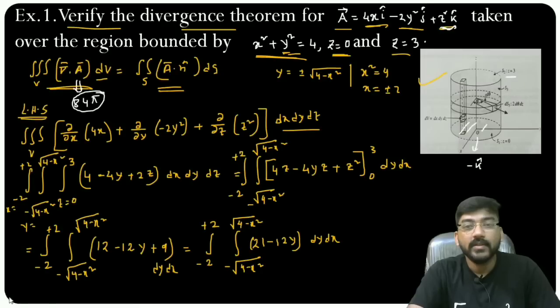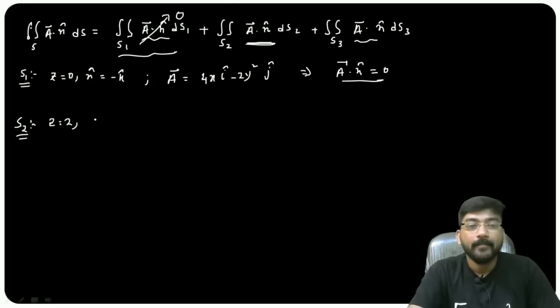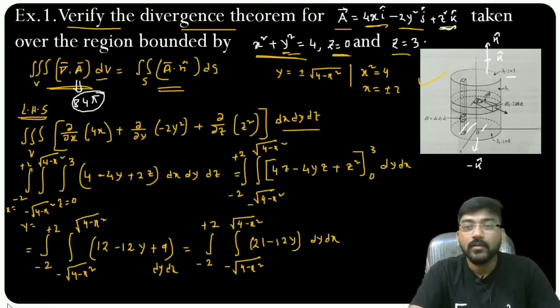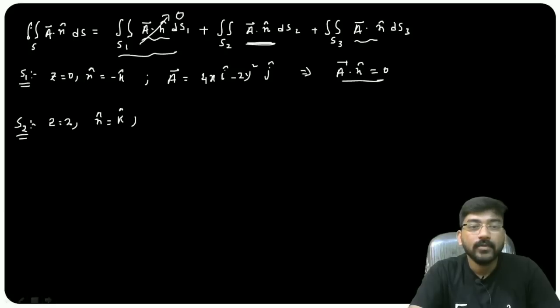Again you can see here, n cap will be along this direction, along k cap. So here n cap is equal to k cap. Now what will be z, 2 or 3? Let me check. Z is equal to 3, yes.